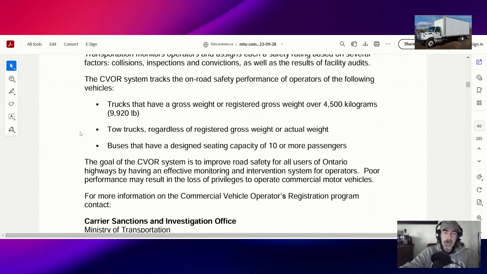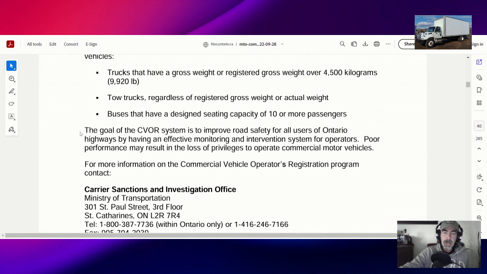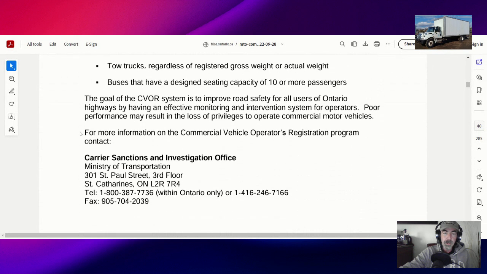The CVOR system tracks the on-road safety performance of operators of the following vehicles: trucks that have a gross weight or registered gross weight over 4,500 kilograms, 9,920 pounds. Tow trucks, regardless of registered gross weight or actual weight. Buses that have a designed seating capacity of 10 or more passengers.